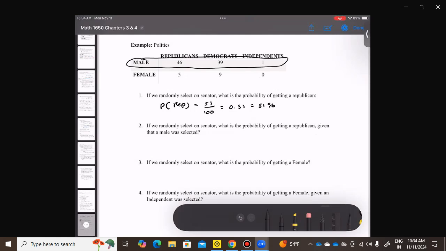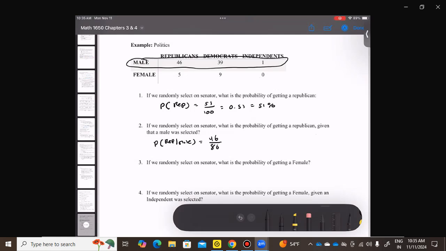Well, the probability of a Republican given a male is going to be 46 over the 86 males.